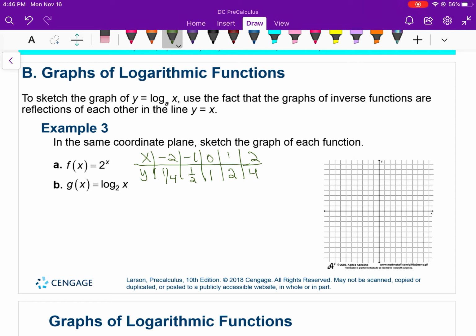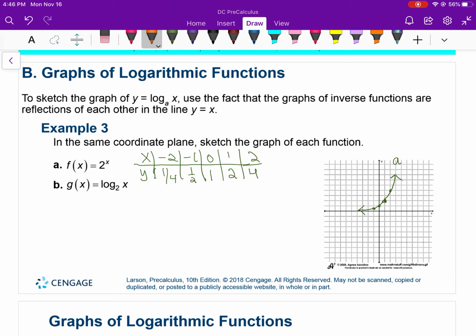So -2, 1/4, -1, 1/2, 0, 1, 1, 2, 2, 4. And this is something you would have been graphing in lesson 4.1. I'm going to call him A.